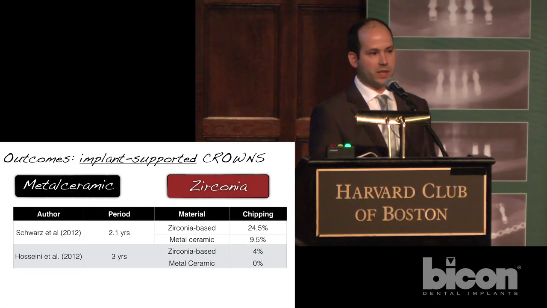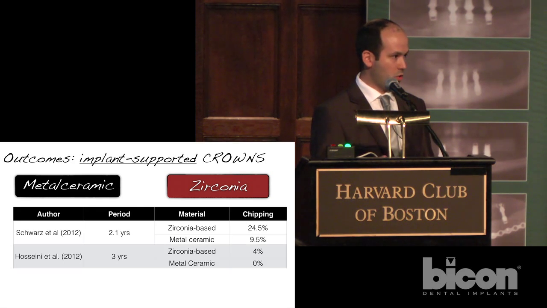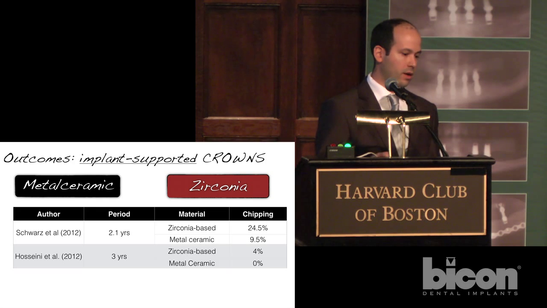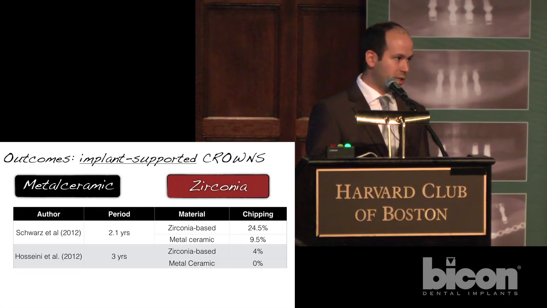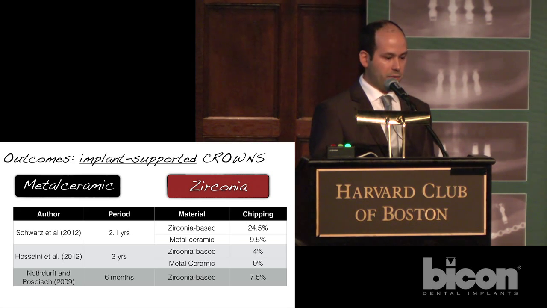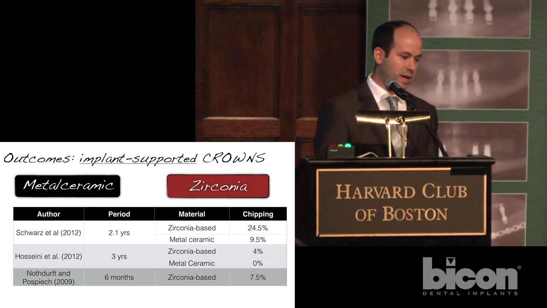Another study from the same year on a longer follow-up, 3 years, 4% of porcelain chipping in zirconia, none for metal ceramic. Another one, 6 months, 7.5% for zirconia, porcelain chipping.